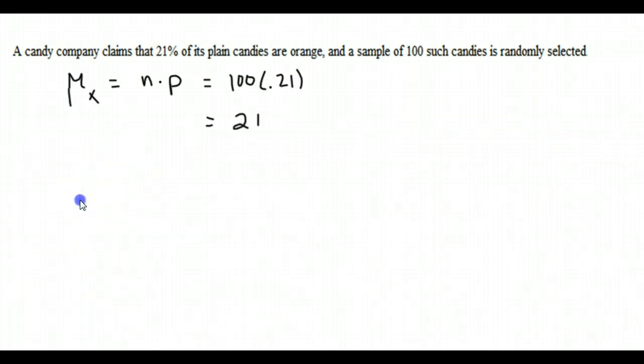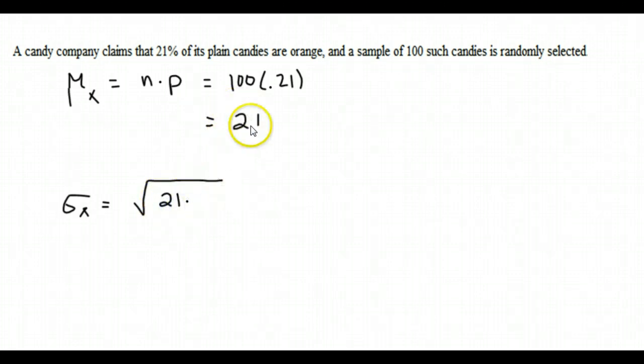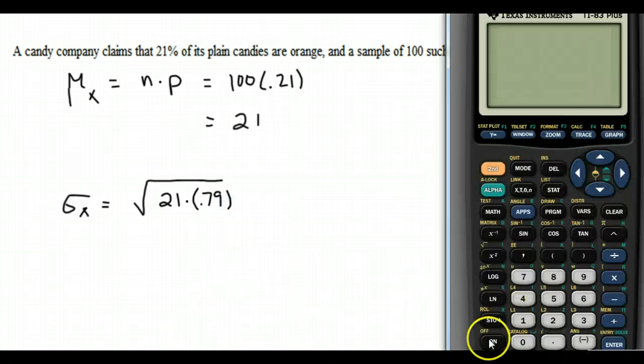And then if we wanted to find the standard deviation, we would just take n times p, which is 21, and multiply that by q. Q is 1 minus p, so that would be 0.79, and then take the square root. So the square root of 21 times 0.79 equals that.